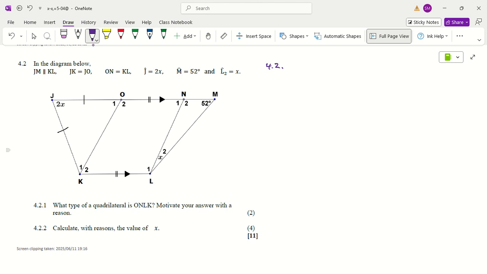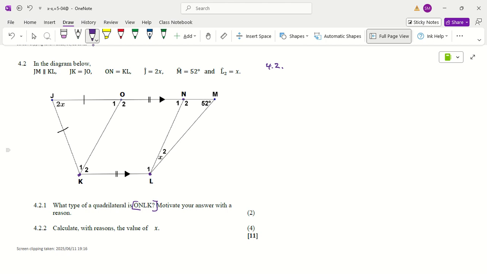The question asks, what type of quadrilateral is ONLK? Let's look at O. It starts from O to N to L, then to K.